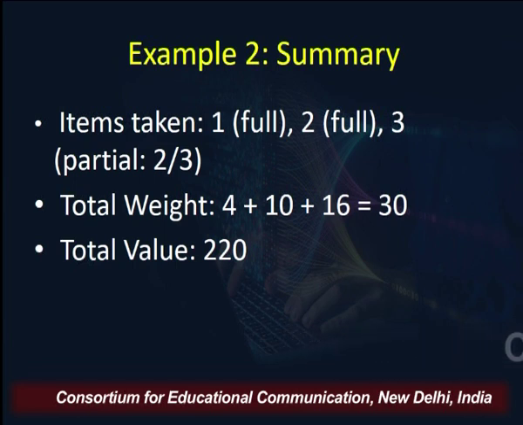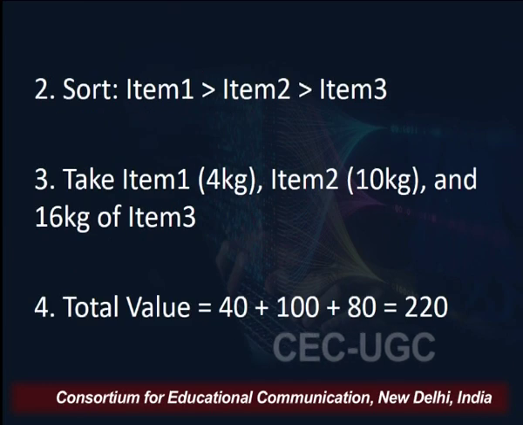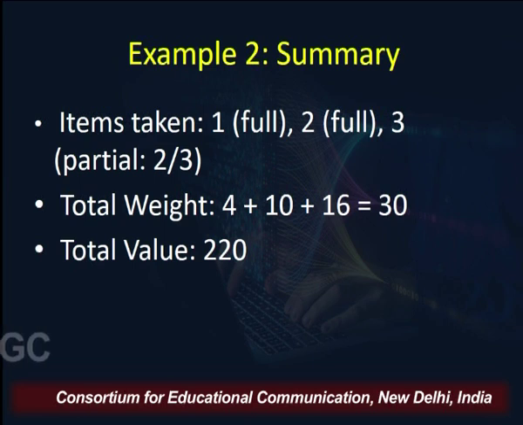So, the total weight occupied is 4 kg by the first item, then 10 kg by the second item, and 16 kg by the partial third item, which is 2 by 3 precisely, and this gives us 4 plus 10 plus 16, which is 30, and the total value, as I have told you, is 40 plus 100 plus 80, which is nothing but 220.